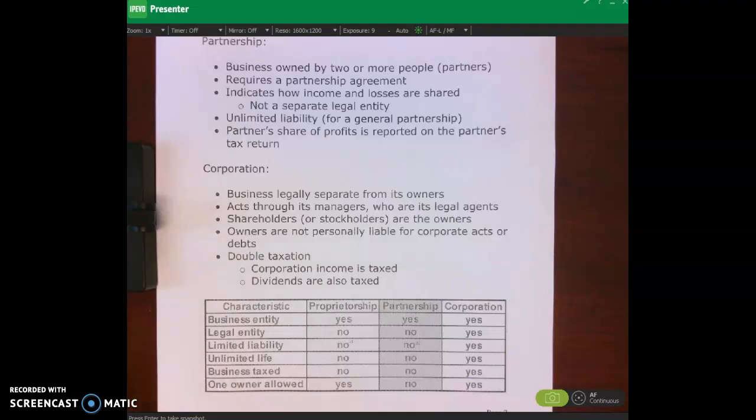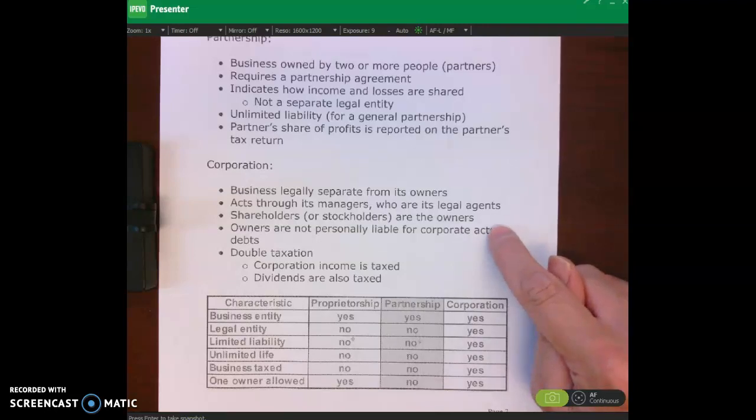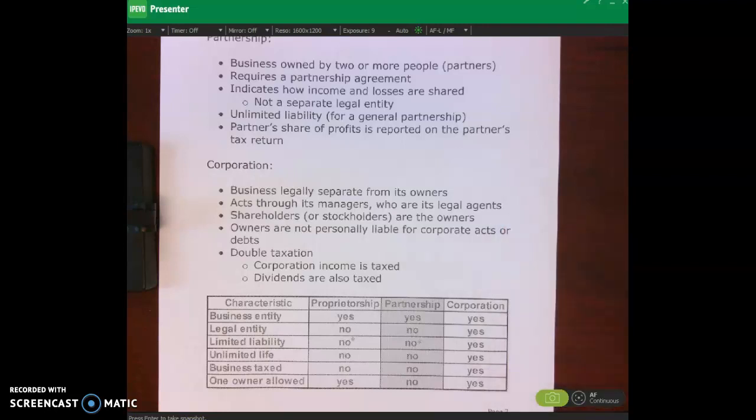That's different than a general partnership and a sole proprietorship, where they could do that. That's because this is a separate legal entity. So Apple incurs debts. That's Apple's problem. Even though I'm an owner of Apple, you won't come take my car to pay off Apple's debts. The most I'll lose is the value of my share of stock.